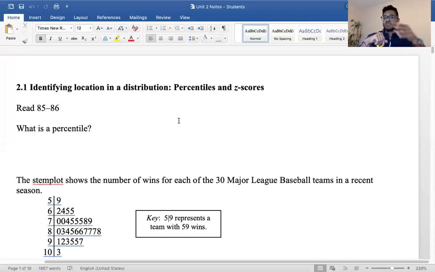That's why we do percentiles and z-scores. They call it standardization: you're putting everything onto one standardized curve, and then you can make these comparisons, because up until then you don't know what the distribution looks like. So that's why we're doing this, because we want to standardize our distributions as much as we can.